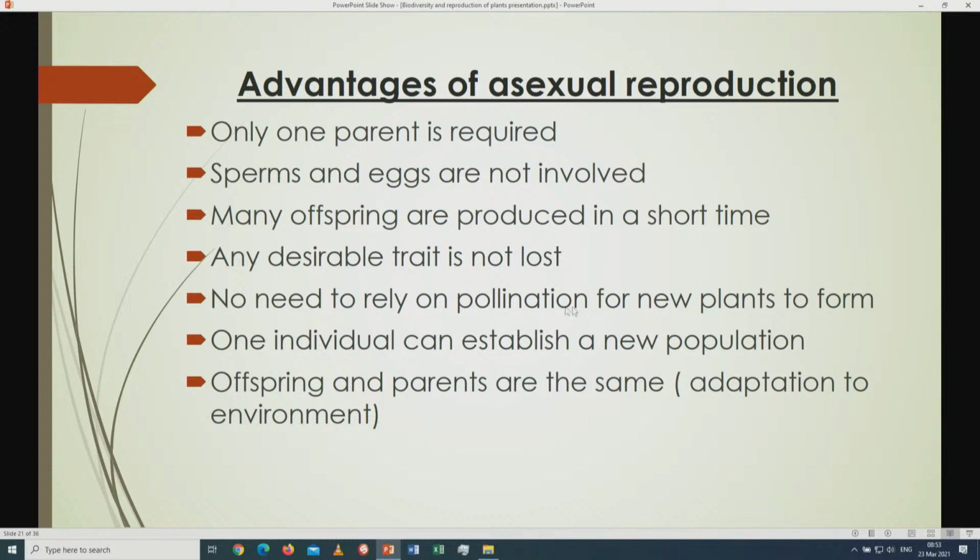There is no need to rely on pollination for new plants to form. One individual can establish a new population. One potato tuber can produce many potato tubers which become a population. Offspring and parents are the same in order for them to adapt to the environment.